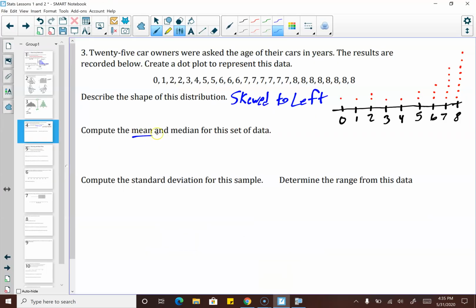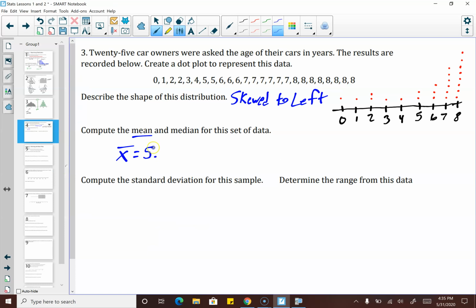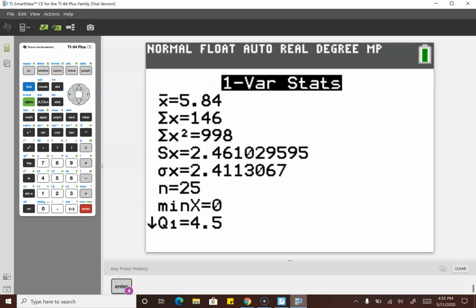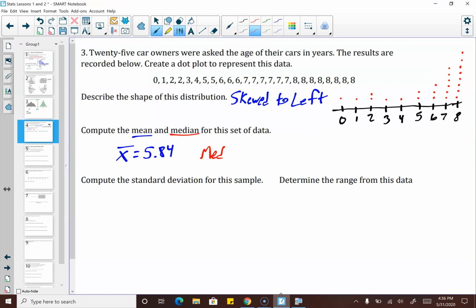So the mean is X with the line, and our mean here is 5.84. You could have just added all the numbers up and divided by 25, and that would have given you that. Our median, which is that middle number, which because they put these in order, you could do without the calculator, but that median there, that middle number is 7.